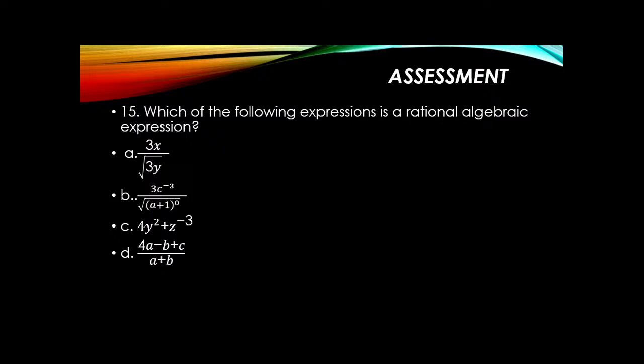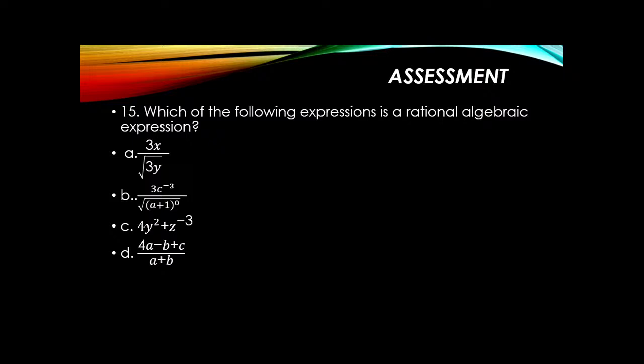C, 4y squared plus z raised to the power of negative 3. And letter D, 4a minus b plus c all over a plus b. Okay, let's look at letter A. It has a square root of 3y, and that is not a perfect square, so it is not a rational algebraic expression.